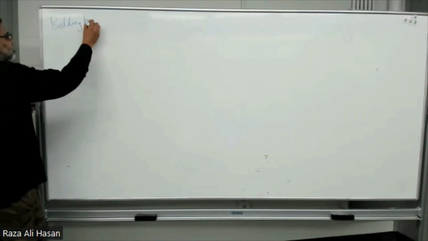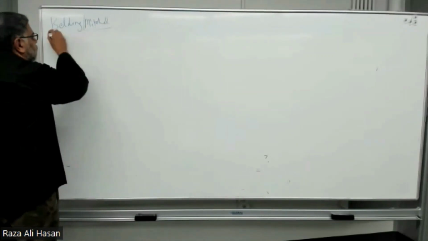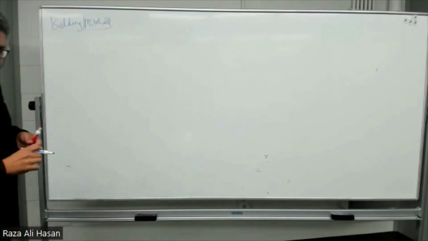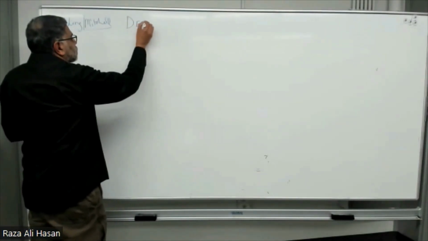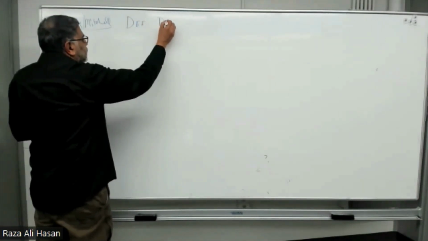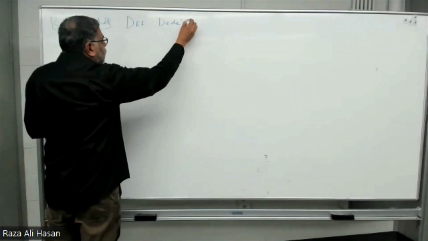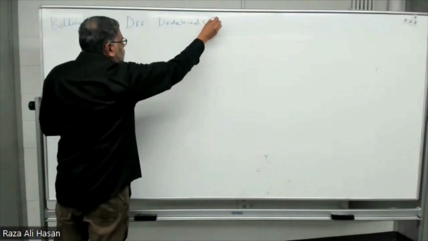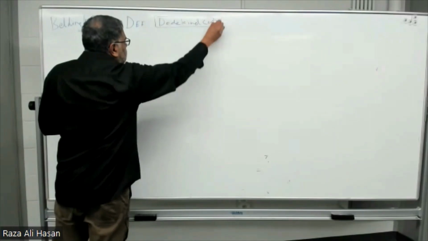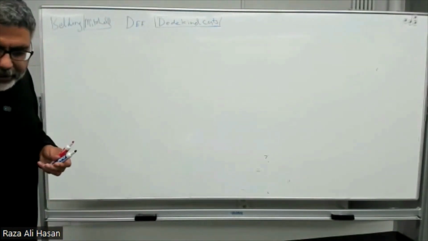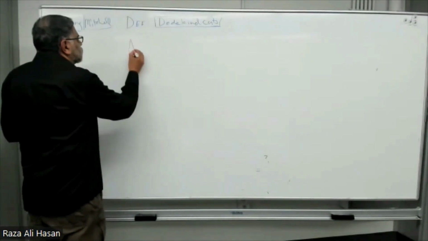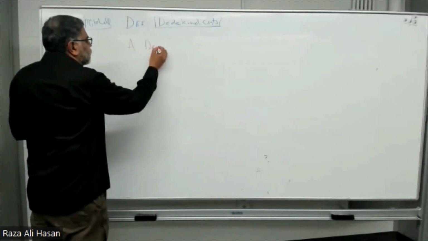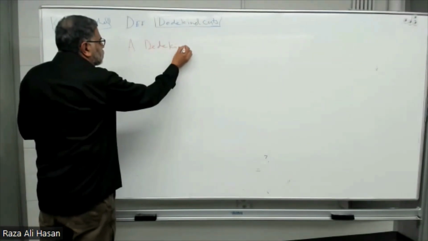Belding and Mitchell again. And we're going to look at the definition of Dedekind cuts. All right. And the statement of the definition goes, a Dedekind, of course, was a mathematician.